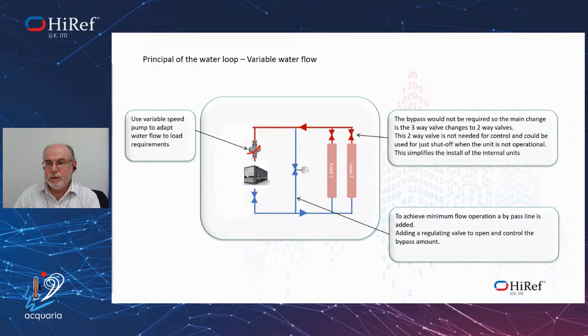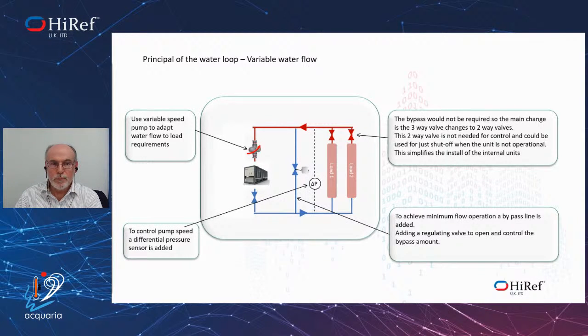But because you've got variable flow, you need to think about the minimum flow that can operate for the heat pump itself. So you have to consider the bypasses, and then you have to add in the control of the pump itself to think about how that pump and the differential pressure is looped back to give you a feedback situation.